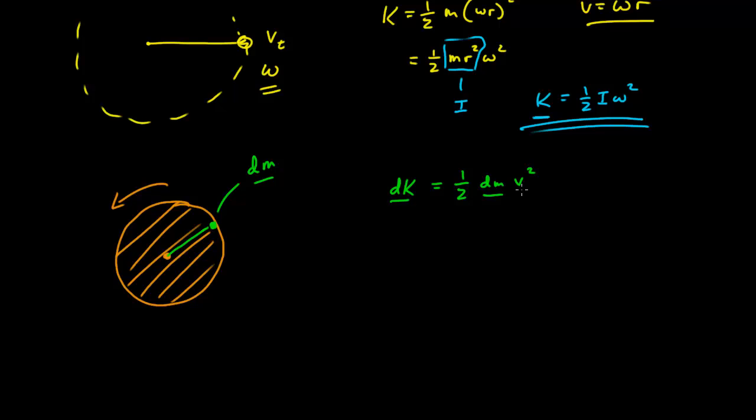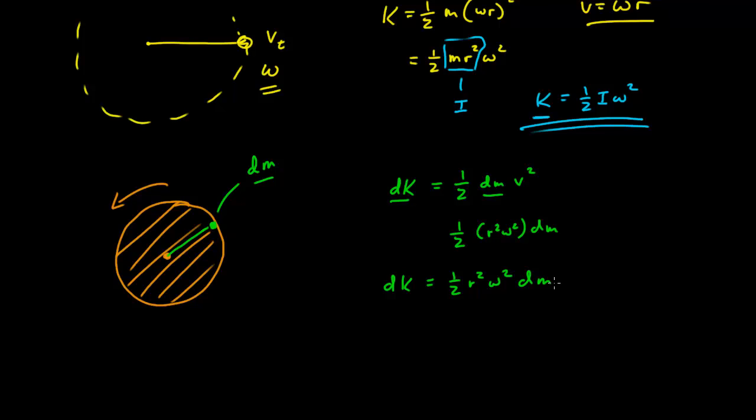If I repeat the same thing I did before, then this becomes 1/2 r squared omega squared times the mass. So the kinetic energy is dk equals 1/2 r squared omega squared dm.